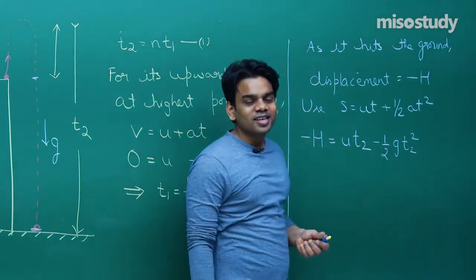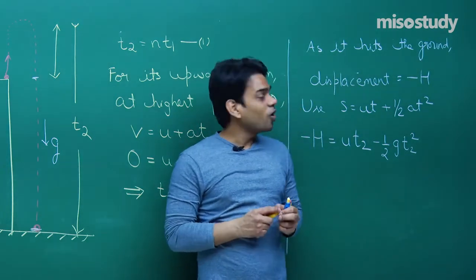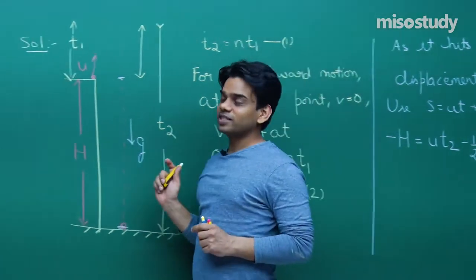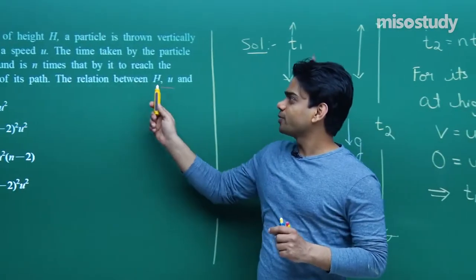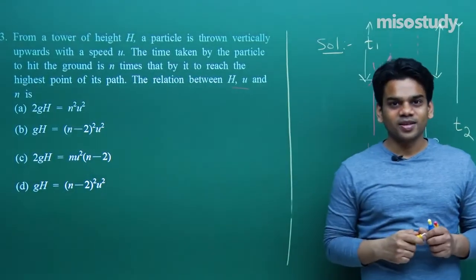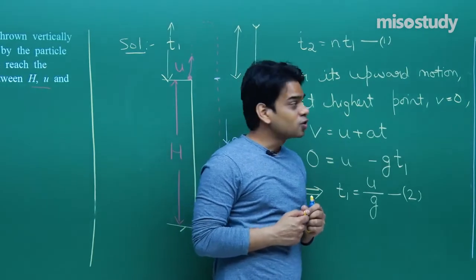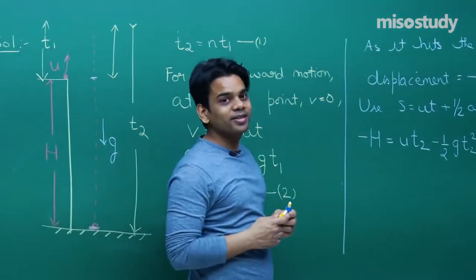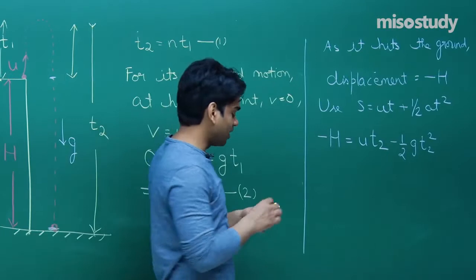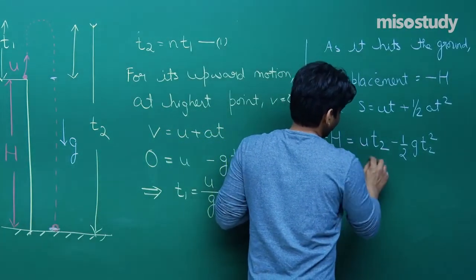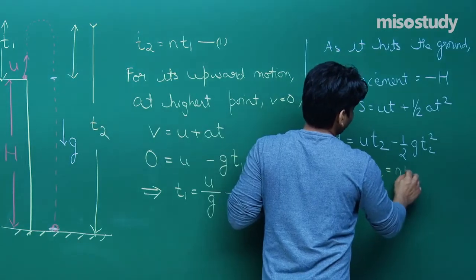So we got this. Now you see here what we can do from here onwards. You just observe this statement. The first thing we have to find is a relation between h, u and n. And it's given that t2 equals n t1. So can we use from equation number 1 the value of t2 equals n t1?